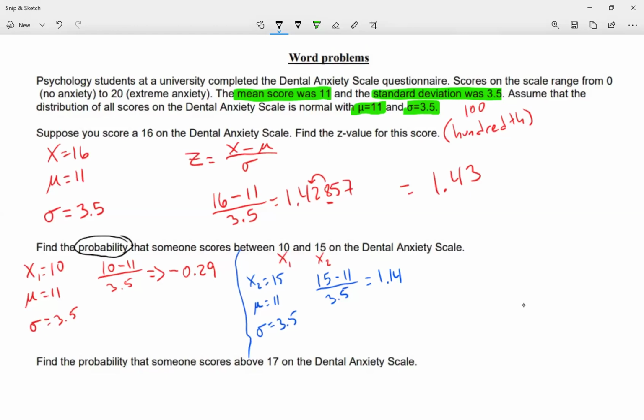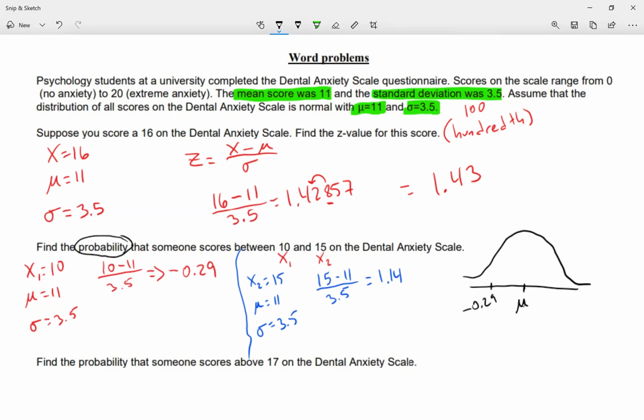Find the probability. Okay, so I'm gonna use the table that I just showed you earlier with the z-scores. That's the one I'm gonna use for probability. Just as a little recap, I have my figure here. Here's my mu. Let's call this a negative 0.29.